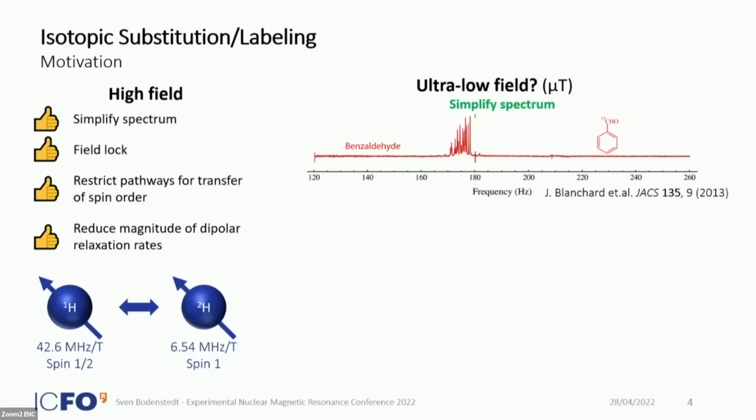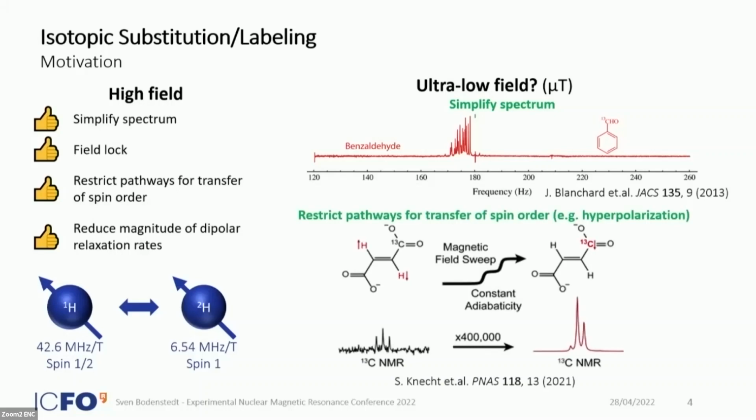Is that an option? Or if you think about hyperpolarization methods that work at ultra low fields, where you want to somehow restrict the pathways of the transfer of spin order, you may think about what the substitution of deuterium does in these kinds of systems.